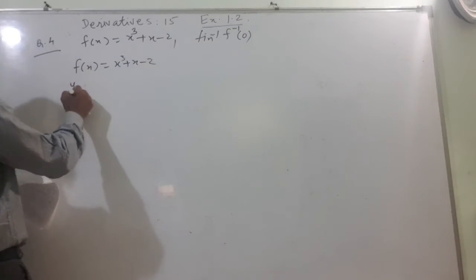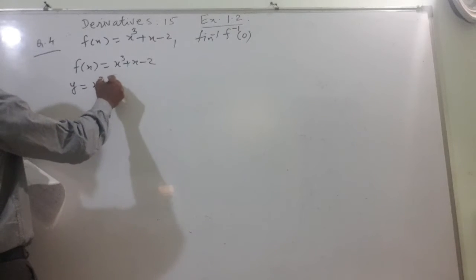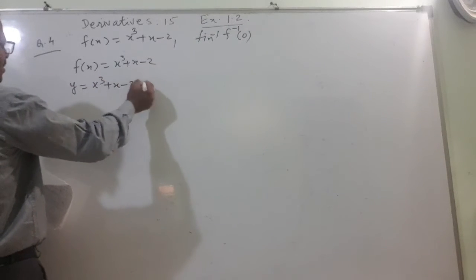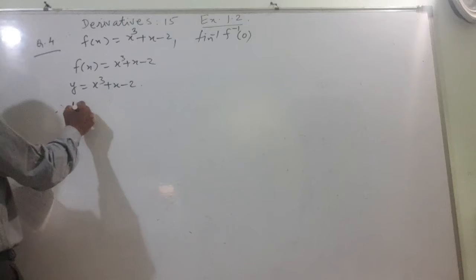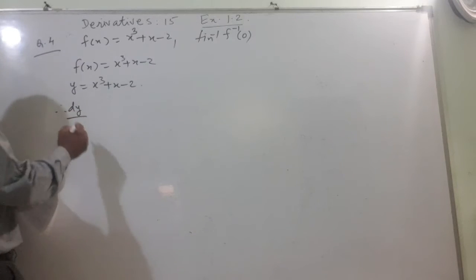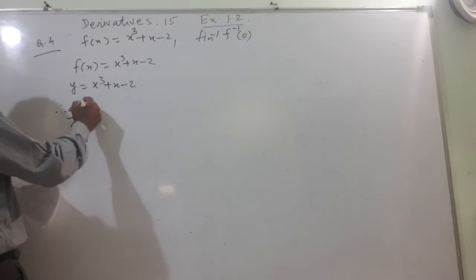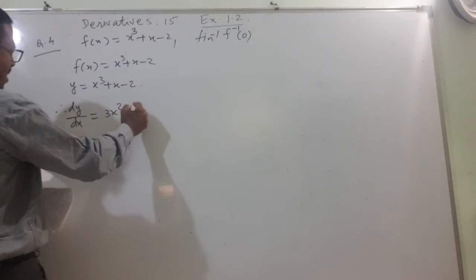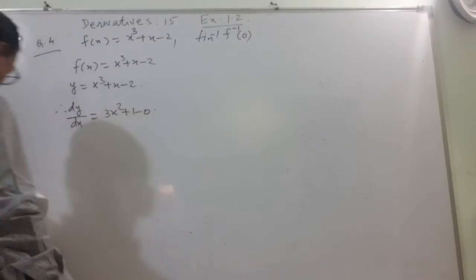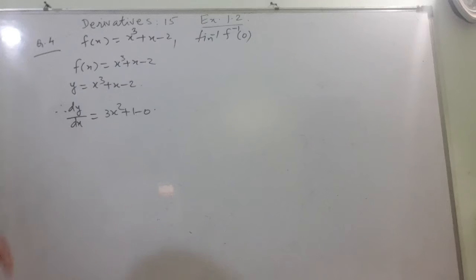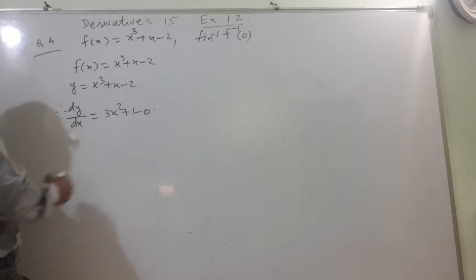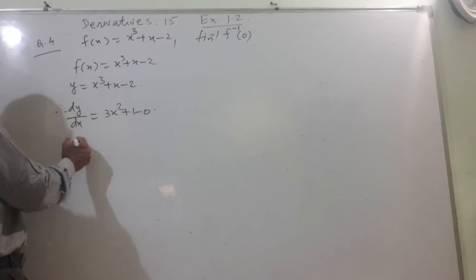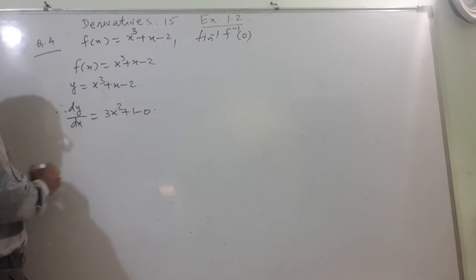That is nothing but y is equal to x cube plus x minus 2. Therefore dy by dx, that is f dash of x, is equal to 3x square plus 1 minus 0. Now the inverse function I have to find, f inverse of 0.